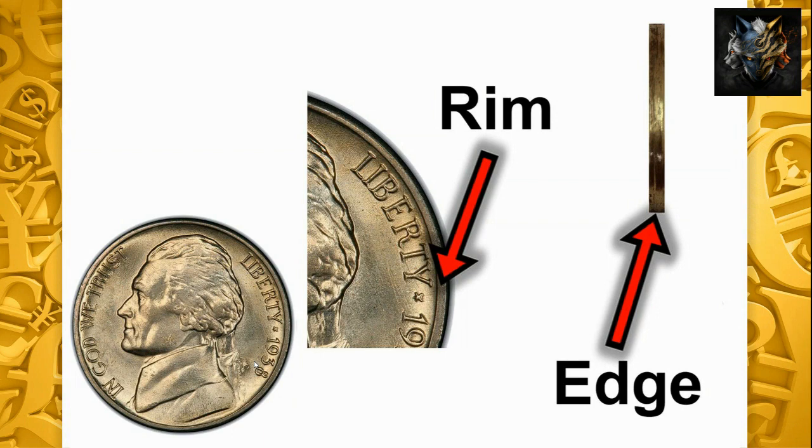That's not good because you're putting oils and dirt, maybe even fingerprints on the field of the coin, or maybe the portrait of the coin or the relief of the coin. And so you want to make sure that you're holding it by the edge. Now, if you have gloves on, gloves are awesome.